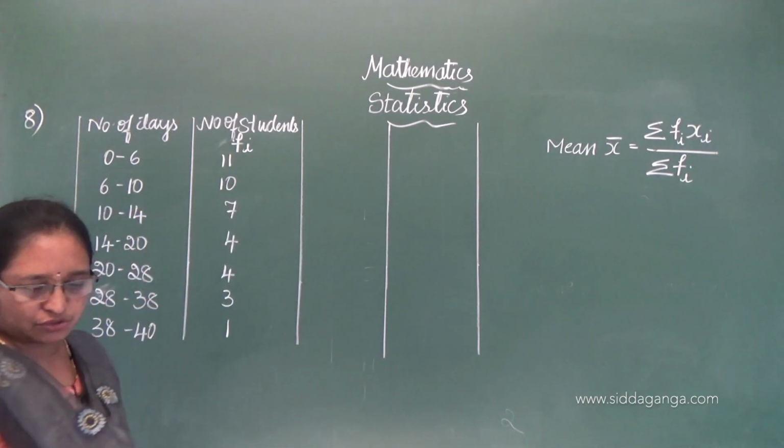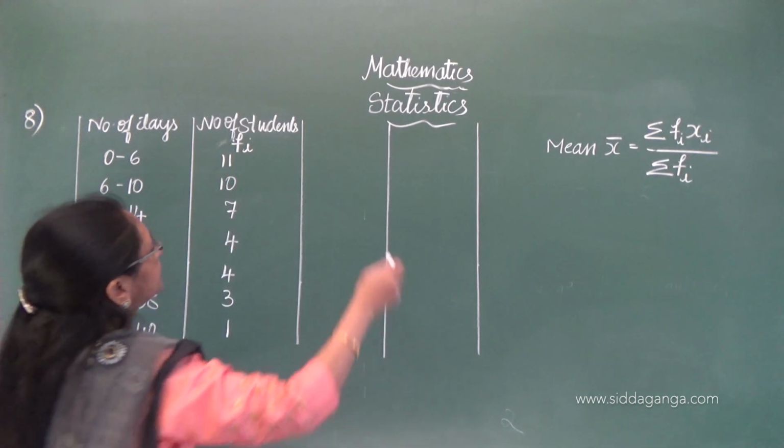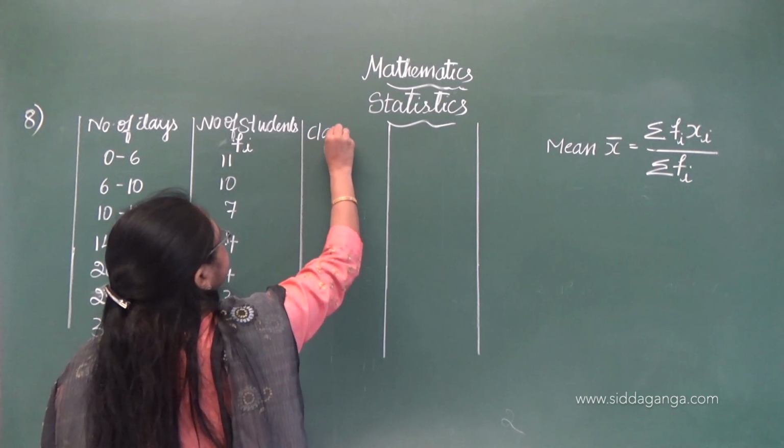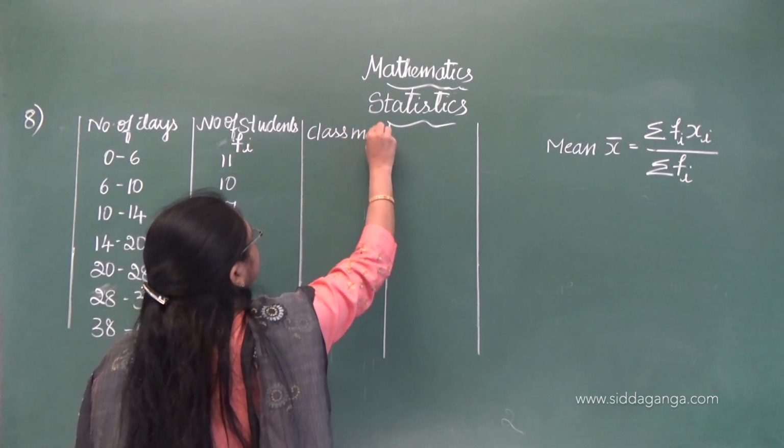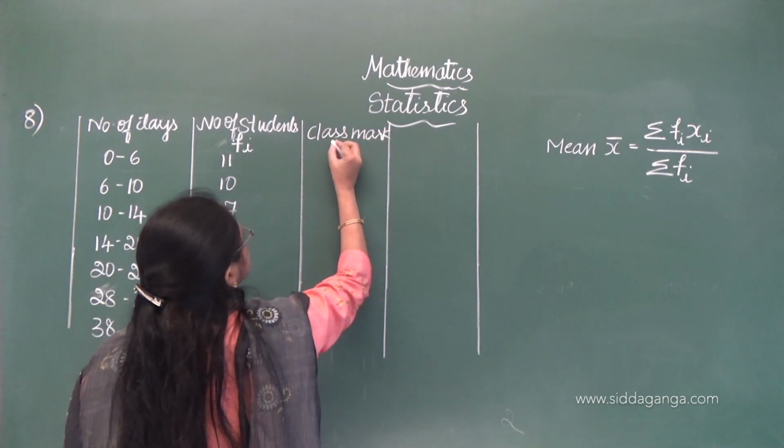What is the next column? The next column will be the class mark, that is xi.